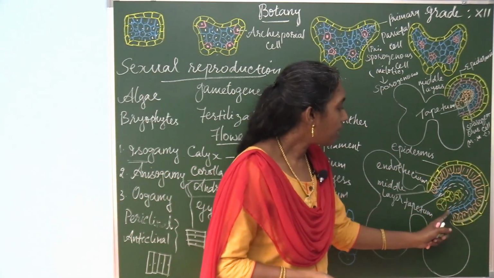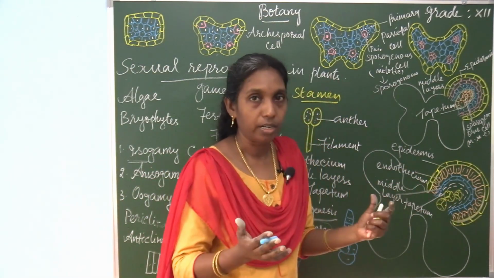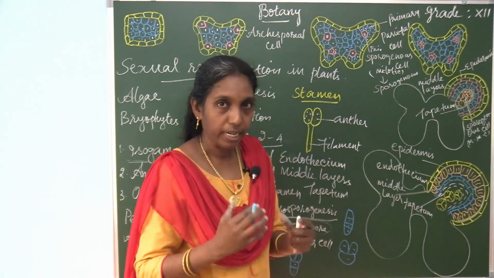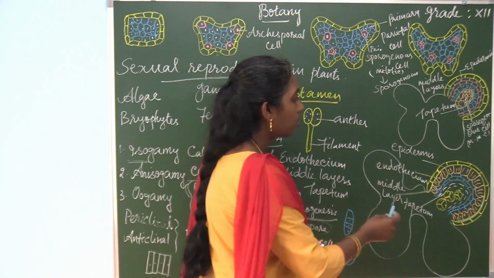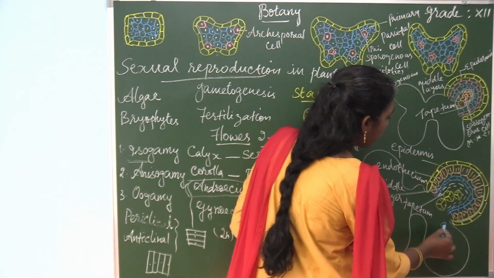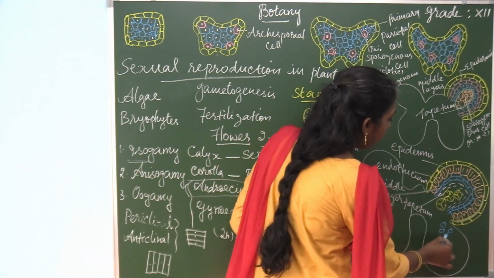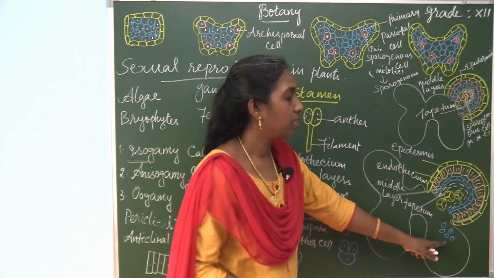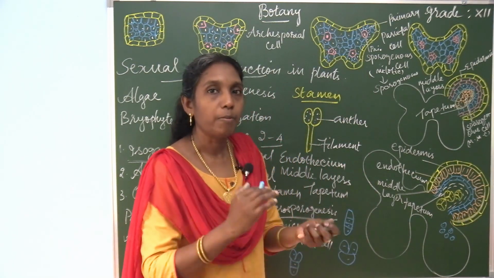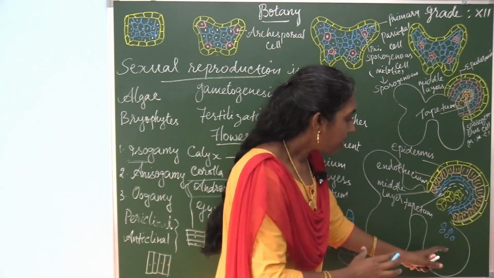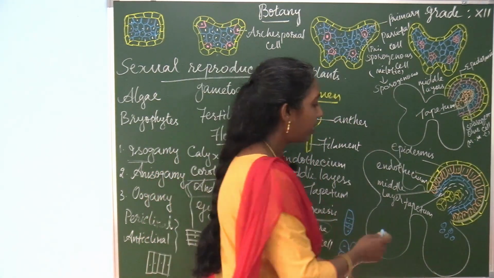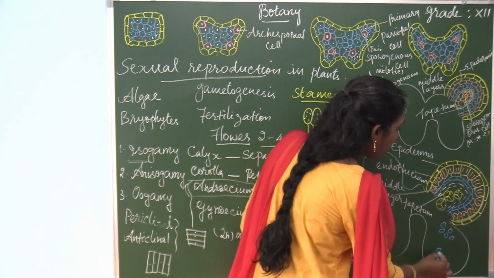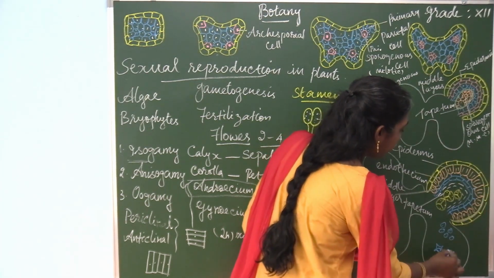From the microspore tetrad, each microspore is derived. Each microspore develops in the final stage, remains located in each lobe, and becomes the pollen grain.